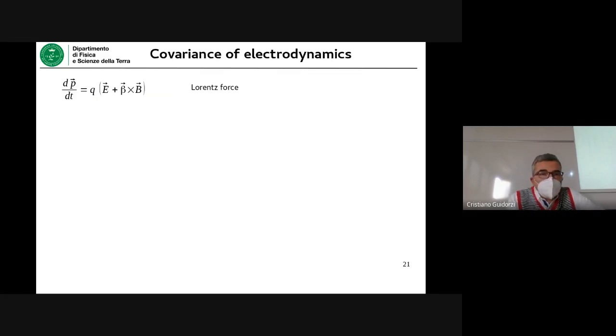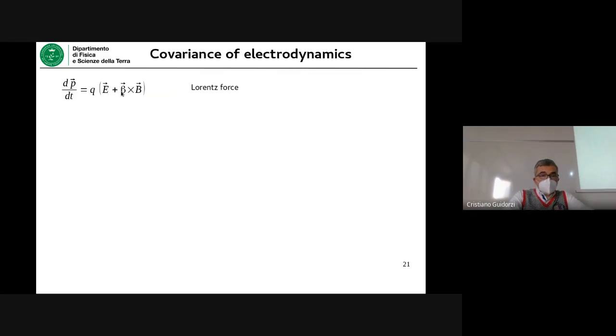So let's start with what we know. A charge which is subject to the action of an electromagnetic field, of course, feels this force here. With P I denoted the momentum of the charge q.